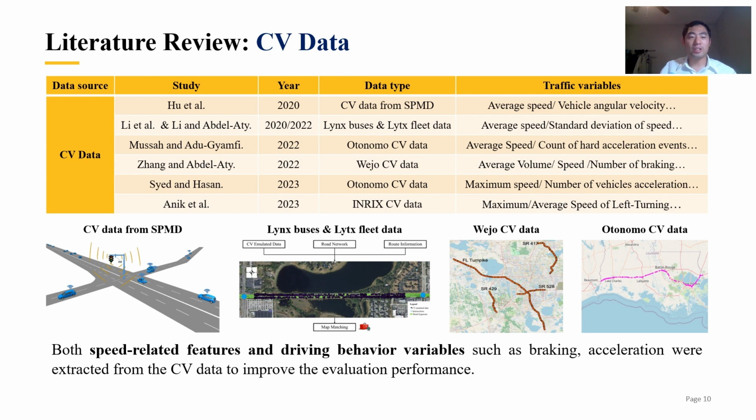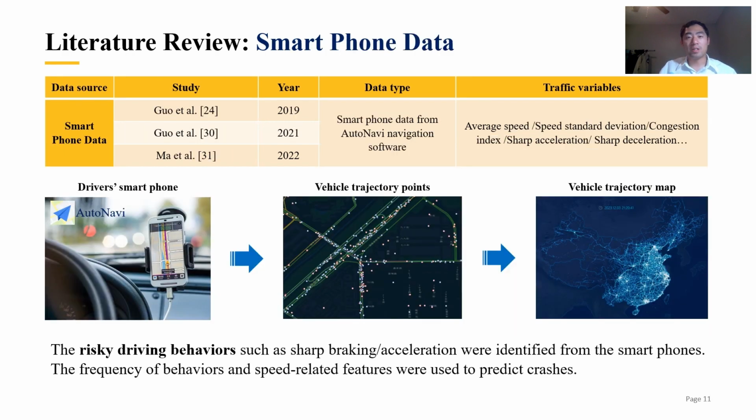As we can see in such studies, speed-related features and driving behavior variables, for example, the braking and acceleration on the road, were identified and extracted from the CV data, which can be used to improve the evaluation performance. And also, 3 studies use the smartphone data from navigation software.